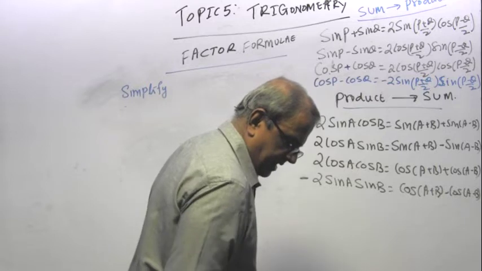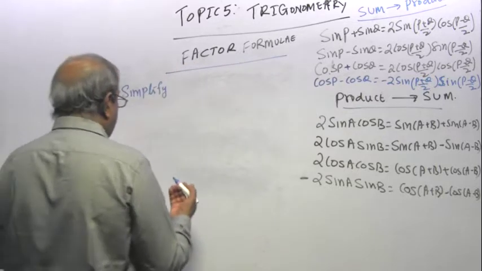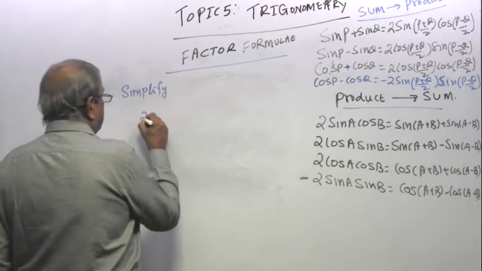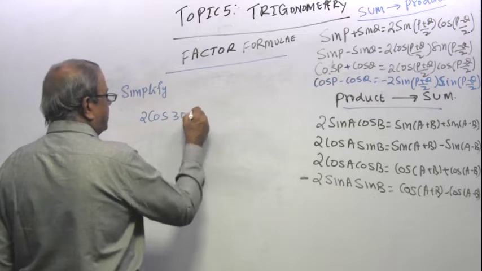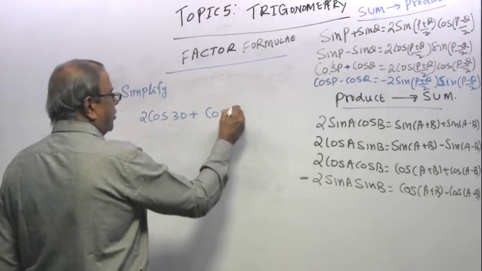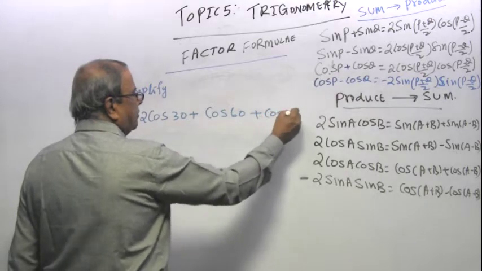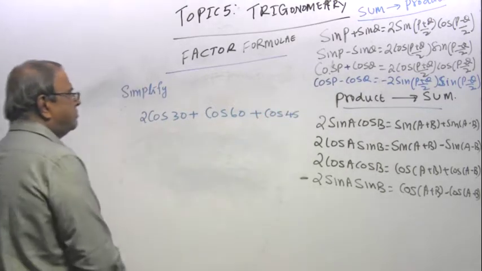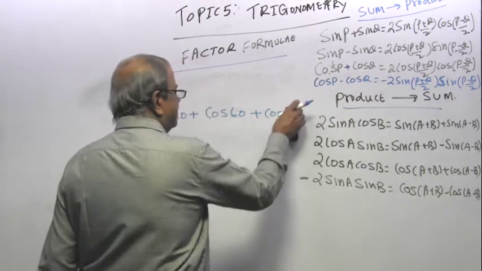Suppose I had simplify 2 cos 30 plus cos 60 plus cos 45. No, that doesn't make sense. Cos 120.